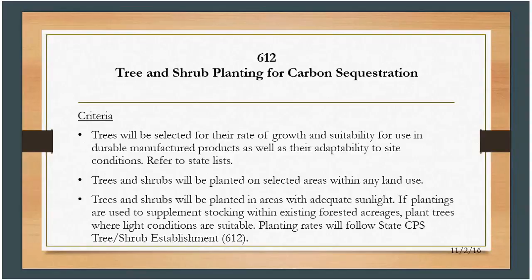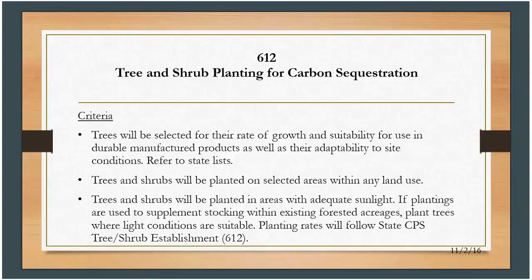But the criteria for the carbon sequestration enhancement: trees will be selected for their rate of growth and suitability for use in durable manufactured products, as well as their adaptability to site conditions. They want you to be able to utilize these trees, take the carbon, sequester it, and then use that wood as a manufactured product.